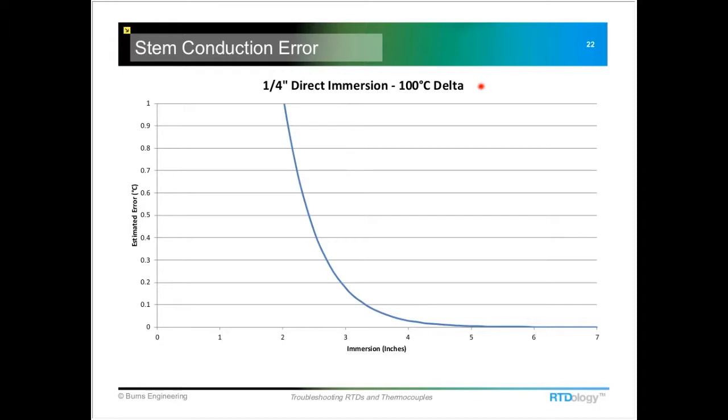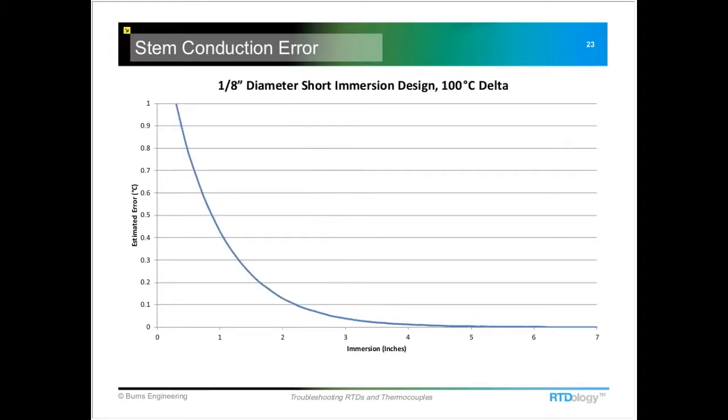So if your process fluid is the same temperature as the ambient, you're going to have 0 stem conduction. That's kind of the ideal situation. But as that delta increases, you're going to see an increasing magnitude in the error. With a smaller diameter probe, we can see we get down, now we're maybe 2.5 inches here where we've got a fairly good temperature reading.